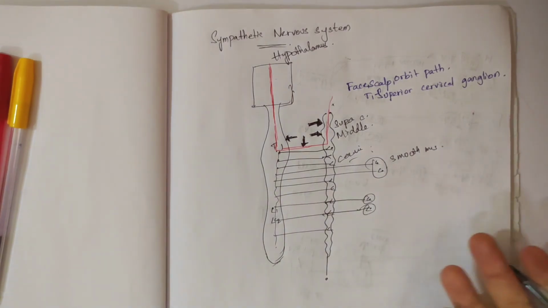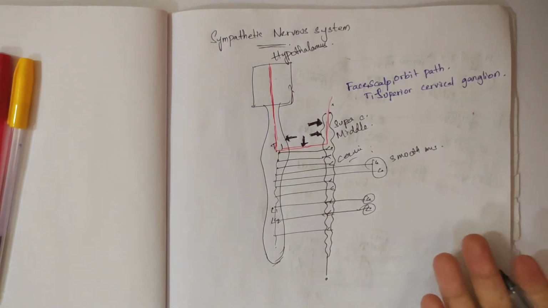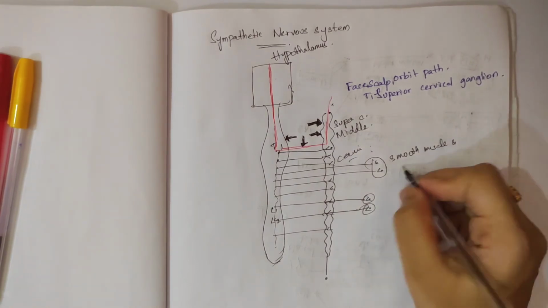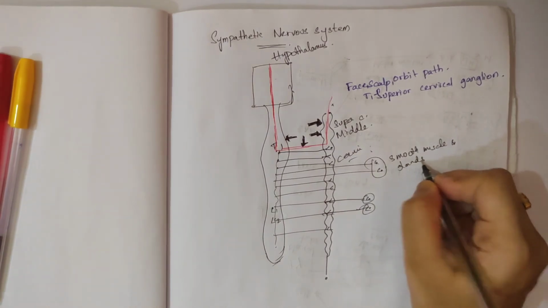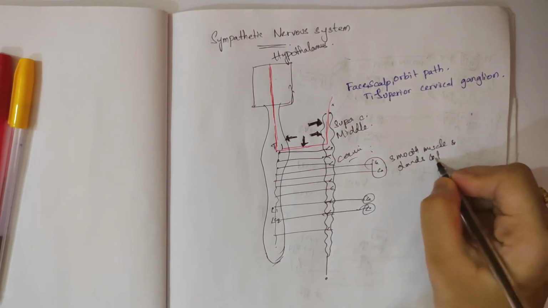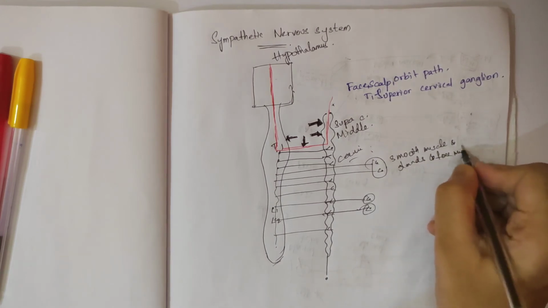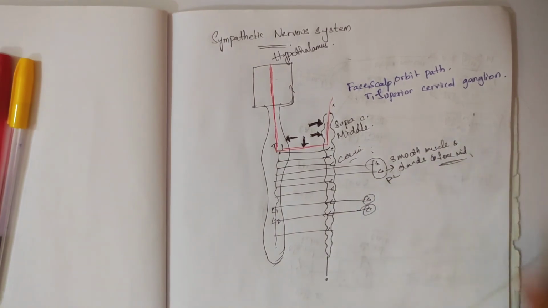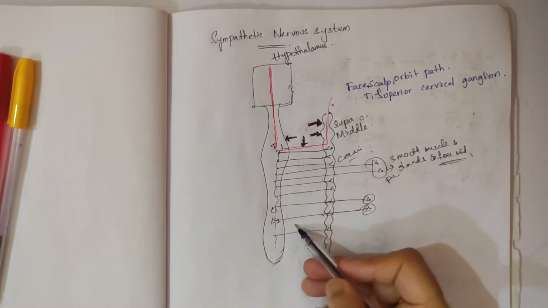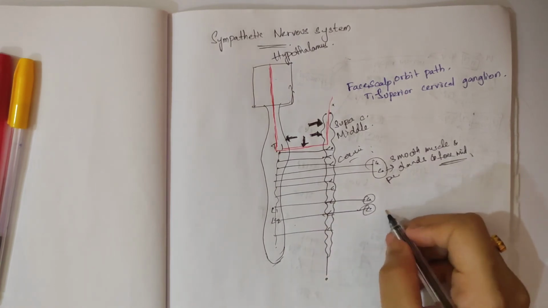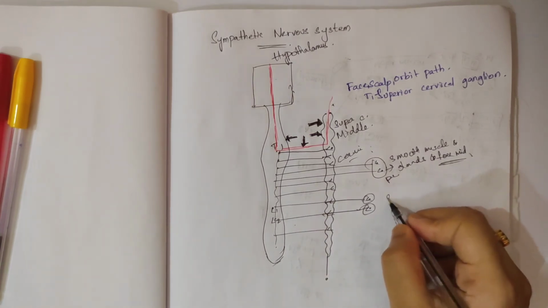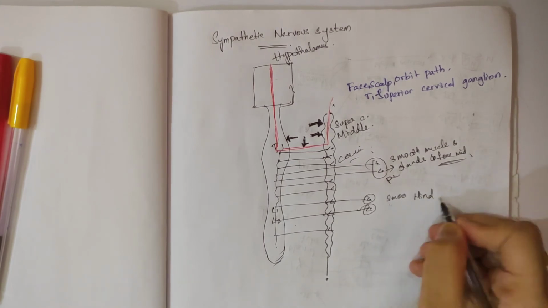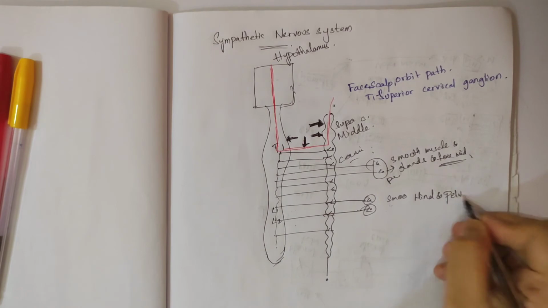The main function of the sympathetic is to innervate the body wall, that is smooth muscle and glands, and foregut and midgut by the prevertebral ganglion here. And also L1 and L2 here innervate the smooth muscles of hindgut and also pelvic viscera.